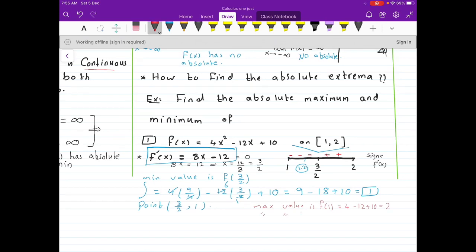And then f of 2: we substitute 2 in the function, 4 times 4 minus 12 times 2 plus 10, which is 16 minus 24 plus 10, equal to 2.